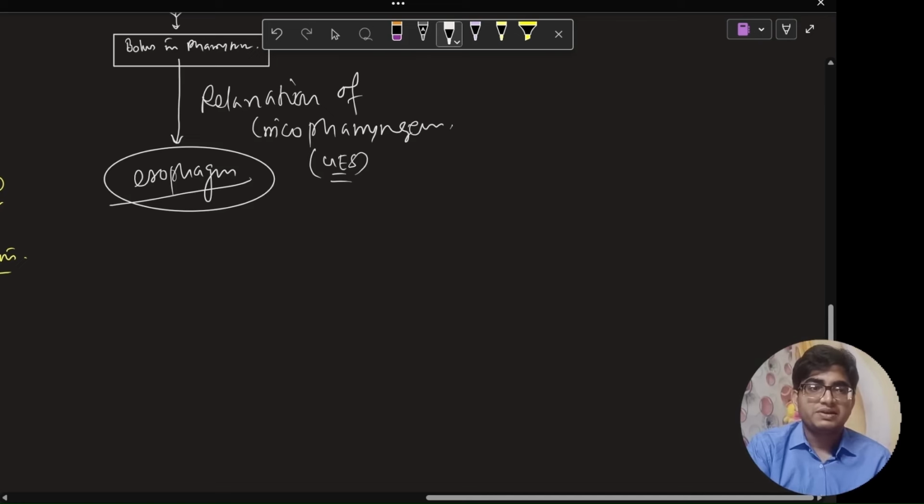So today we have discussed the second phase, that is the pharyngeal phase of deglutition, and how the food, that is the bolus found in the oral cavity, reaches the esophagus from the pharynx.